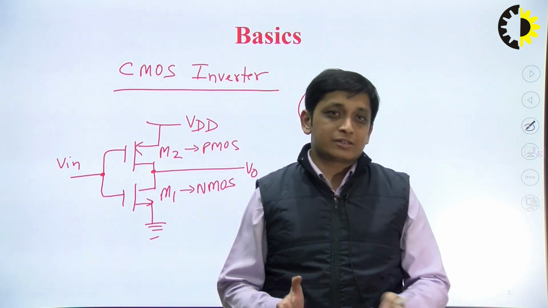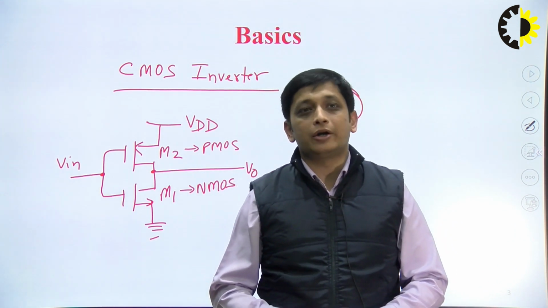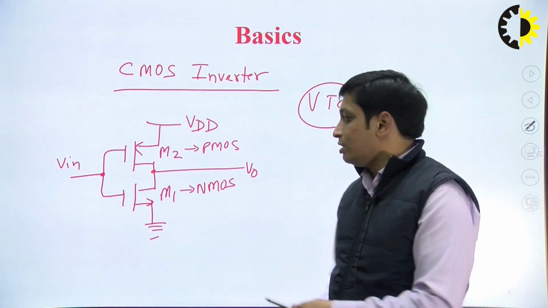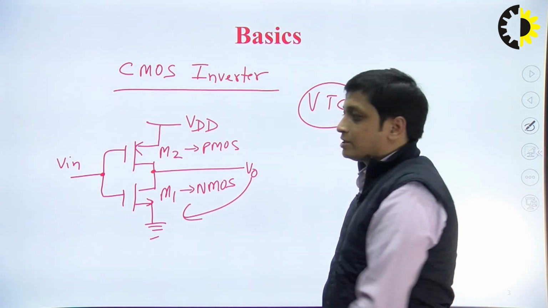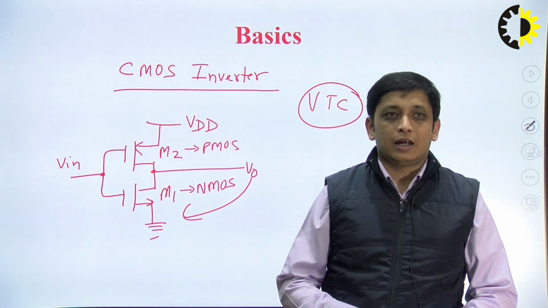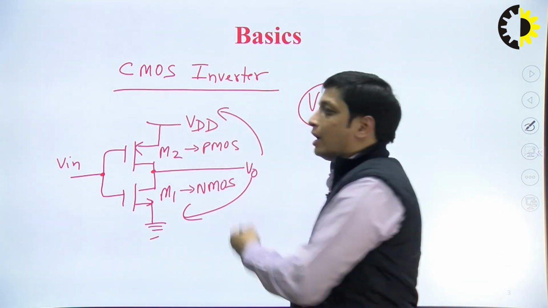The NMOS transistor network will be referred to as the pull down network, because if an NMOS transistor is on, then the output voltage goes to the lower side, pull down. And if the upper PMOS transistor is on, then the output will go to the higher voltage side.